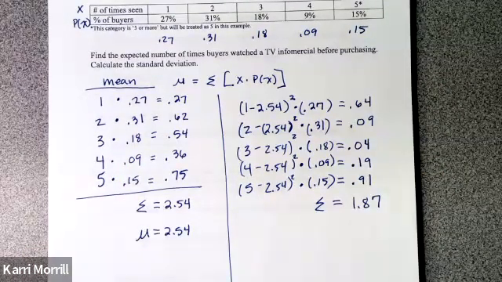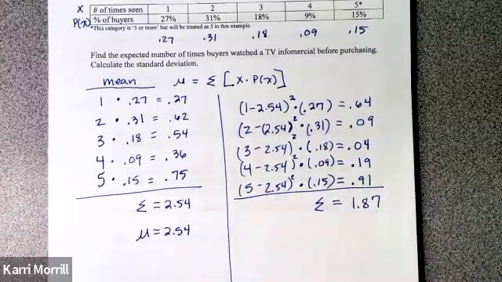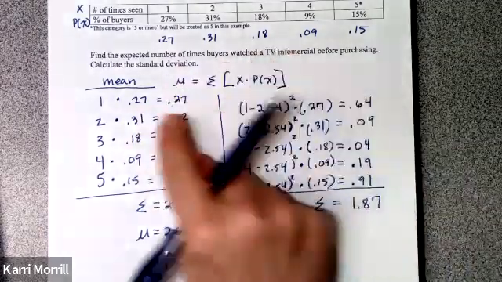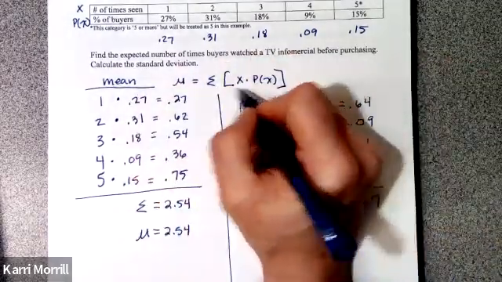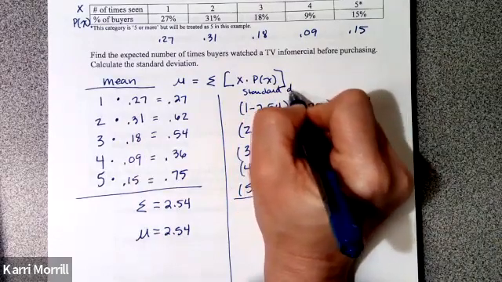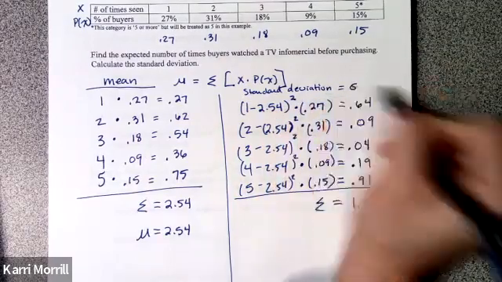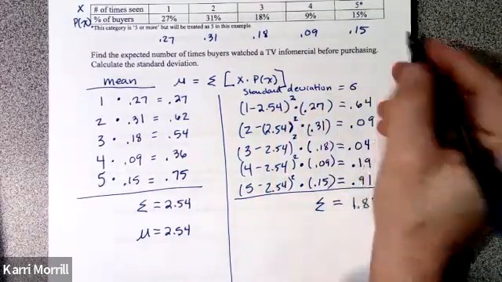Okay, so I've done all the calculations. Definitely check me. I haven't had this problem worked out for some time, so I didn't have the solutions with me when recording today. So remember, this was the formula for your mean. Your standard deviation was that sigma, where you're going to do all that work.